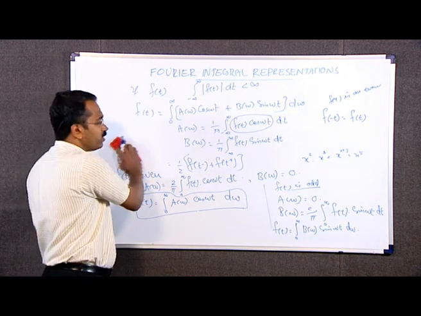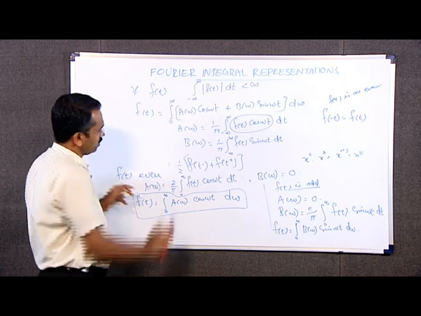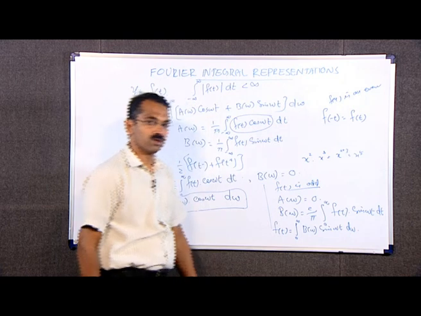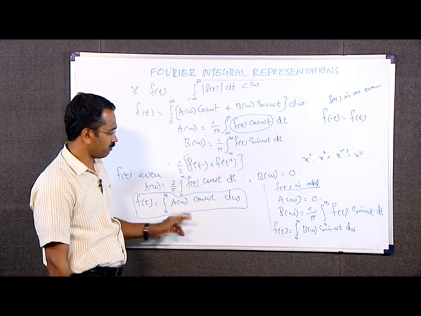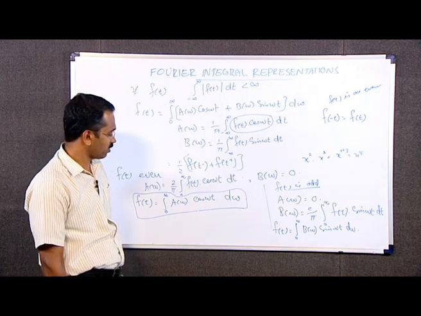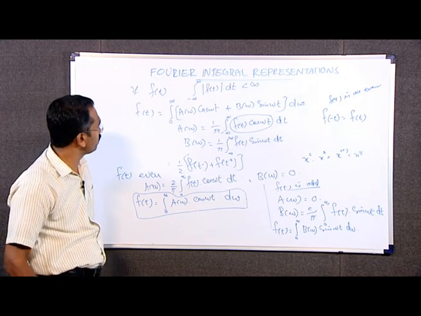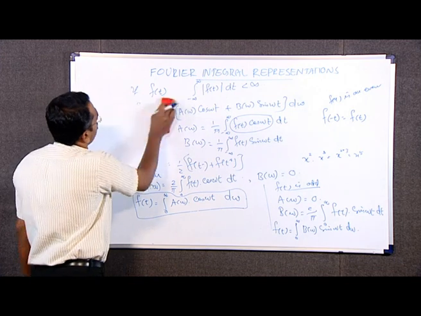At the discontinuities, we can write the value of these two integrals as the average of the left hand limit and right hand limit at the corresponding point of discontinuity.